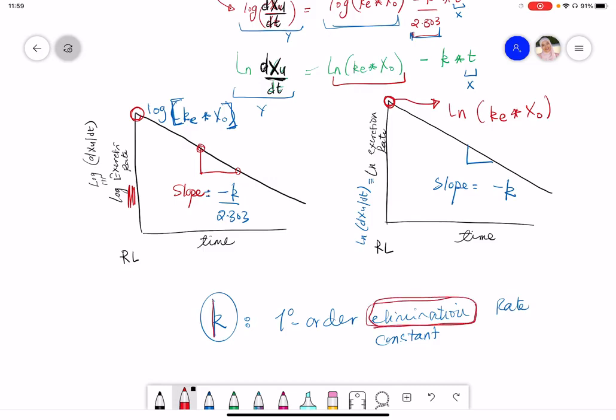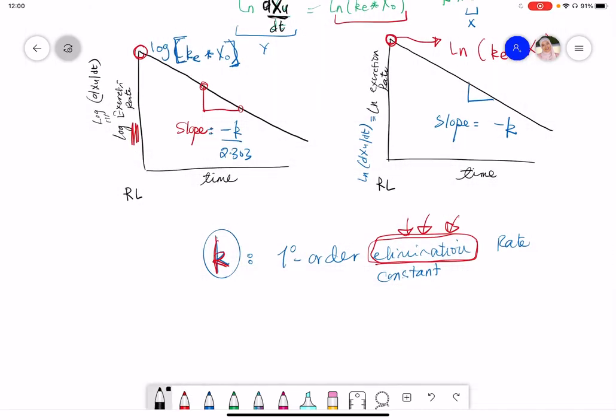When we are talking about k, it's total elimination. And we are also able to determine ke, which is the excretion rate constant. In some references, you will have it as xu, but from now on we will use ke as the excretion rate constant.